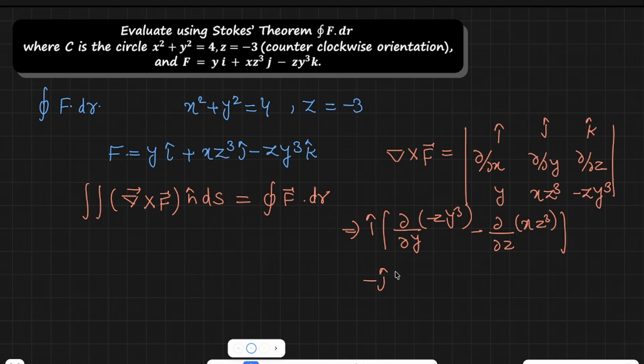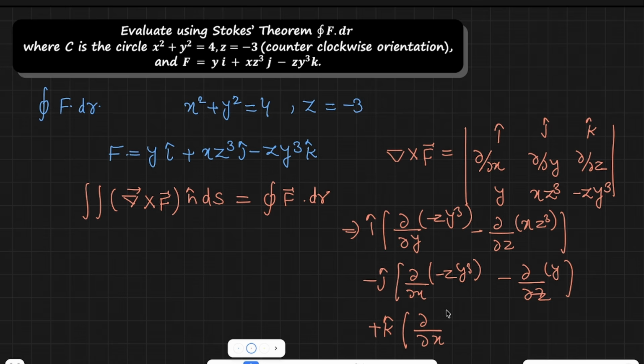Then minus j: you have to apply minus of j, that is dou by dou x of minus z y cube minus dou by dou z of y. For the k component, it is dou by dou x of x z cube minus dou by dou y of y. You have to simplify by solving the partial derivatives.